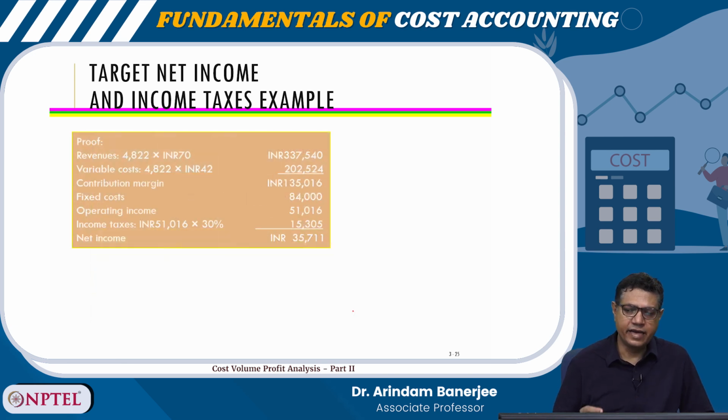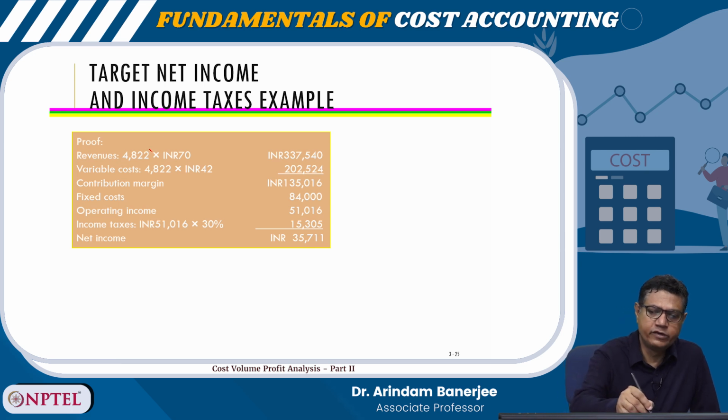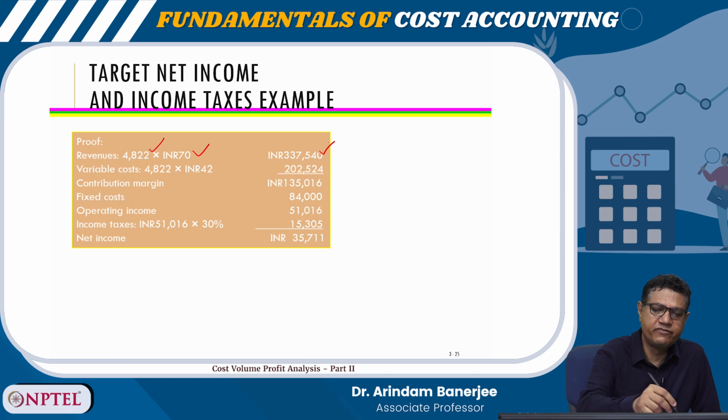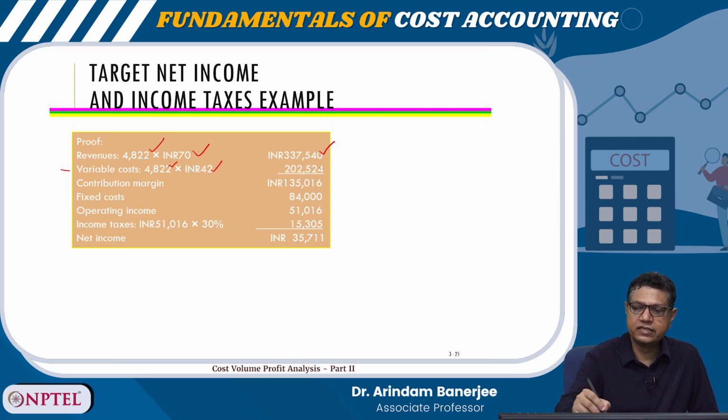I can also see the proof. If I calculate directly, revenue is 4,822 into 70 rupees, where 70 rupees is the selling price per unit. It comes to rupees 3,37,540, minus variable cost of 4,822 units into 42 rupees, which is 2,02,524.